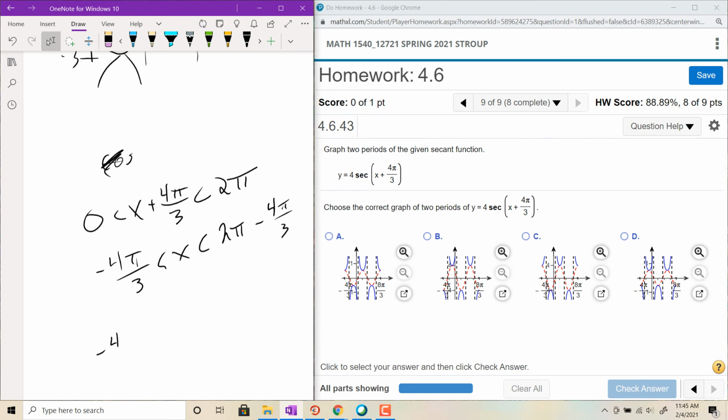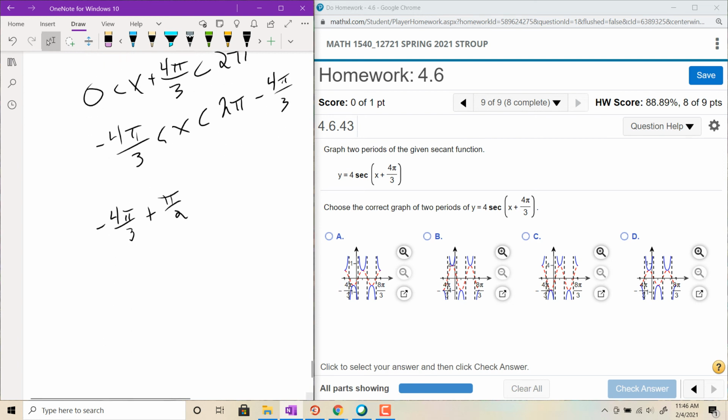So you're starting at 4 pi over 3, and you're moving by the period over 4. So 2 pi over 4, looks like you're moving by pi over 2's. Common denominator, if you wish. Looks like it's negative 8 pi over 6 plus 3 pi's over 6.